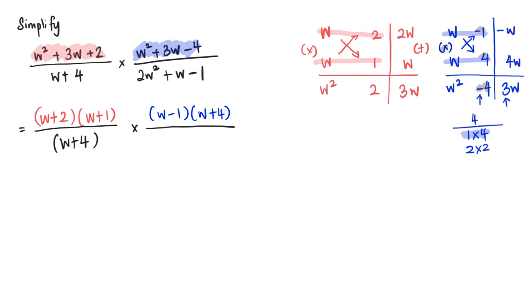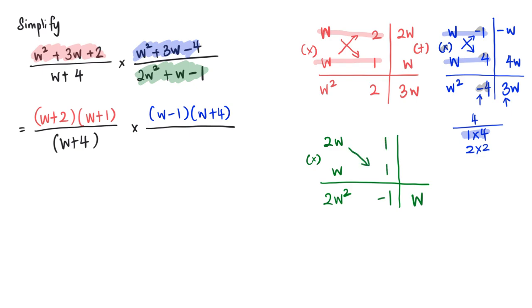And I continue to factorize this last expression here, 2w squared plus w minus 1. Again, I will rely on my cross chart. So there's only 2w times w. For 1, that can only be 1 times 1. So I will have my 2w, 1w.